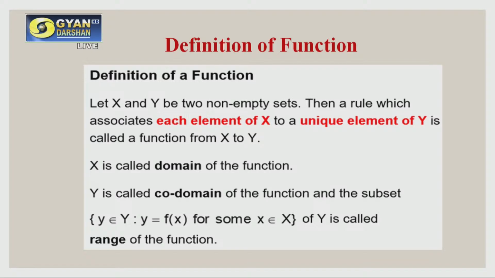The definition says that if we have two non-empty sets X and Y, then a rule which associates each element of X, this is important, each element of X, to a unique element of Y, this is another important thing, is called a function from X to Y. X is called the domain of the function, Y is called the codomain of the function, and the subset of Y of those elements y such that for some x belonging to X, y is equal to f of x, is called the range of the function.